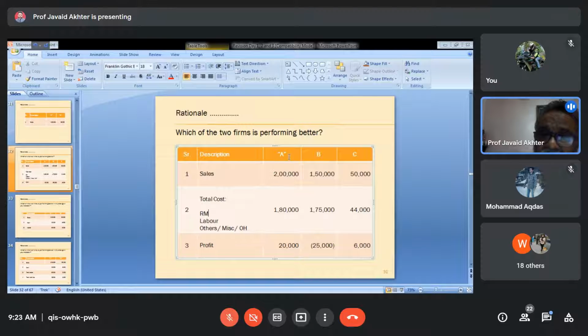Let us say A is giving us so much percent, B so much, C so much. Then we see which product is more profitable, out of any number of products in which we are dealing. The one which is more profitable, we may try to promote.